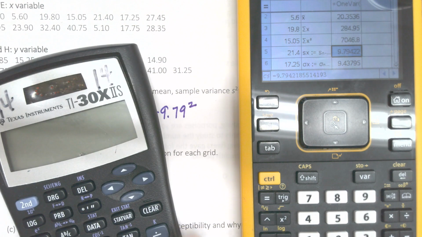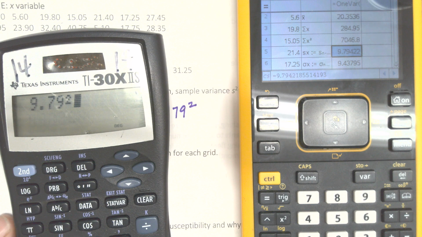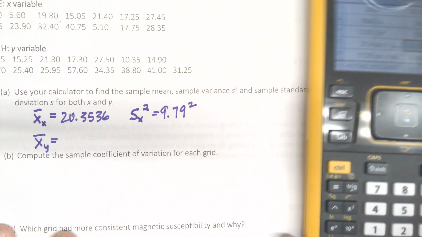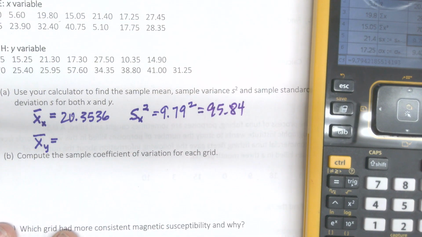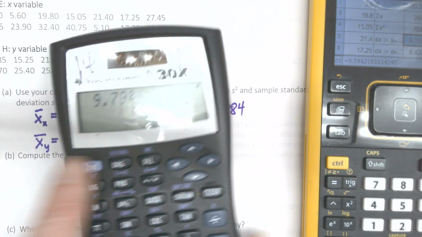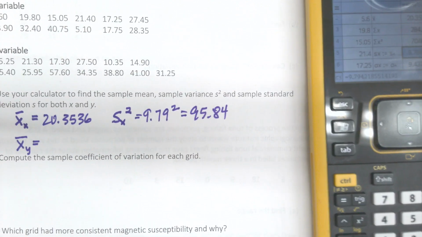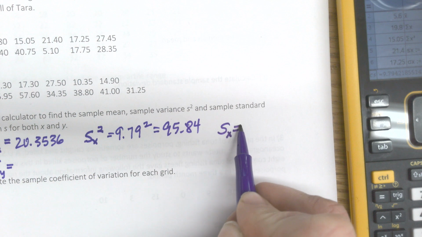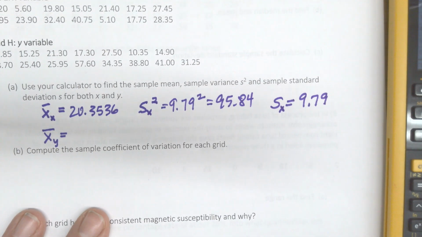I'm going to grab my other calculator and do that, 9.79 squared, and I get 95.84. Again, I'm going to round, so that's 95.84. I just took the 95.8441 and did two numbers after the decimal. And then the sample standard deviation, S of X, is the 9.79 that came from the calculator.